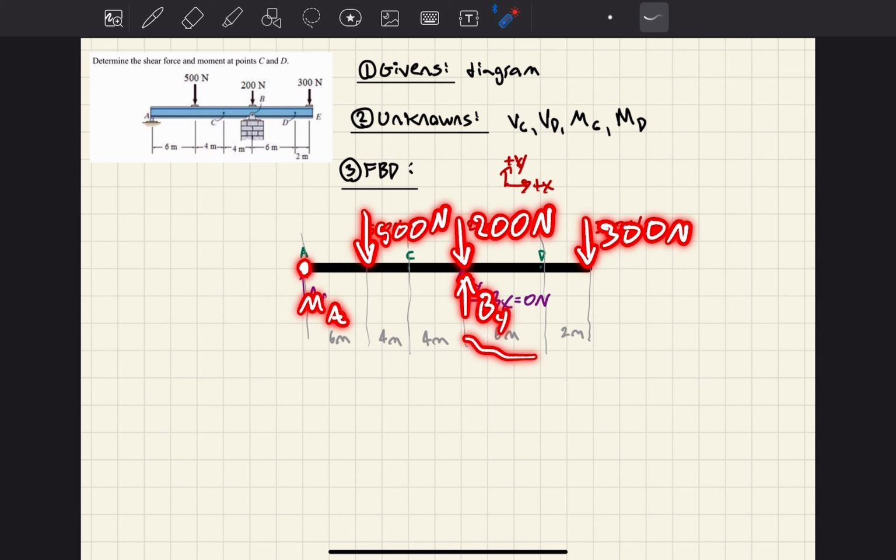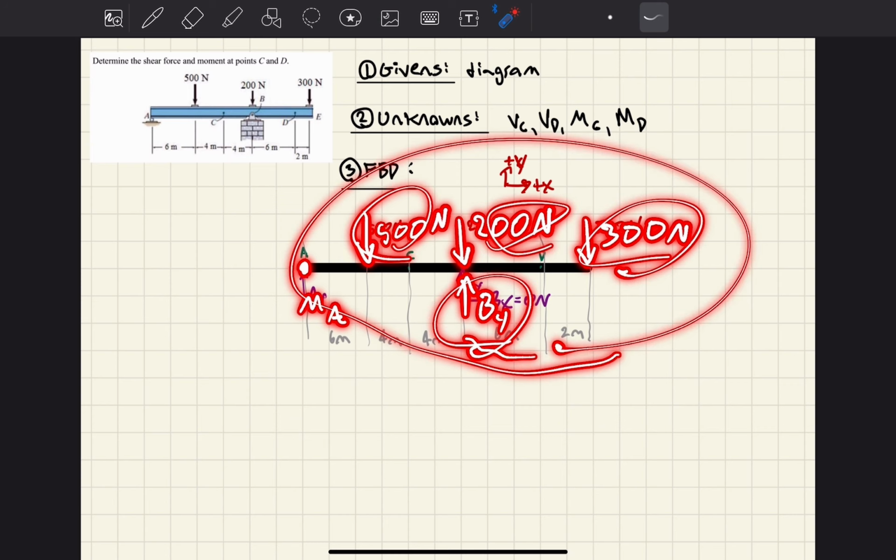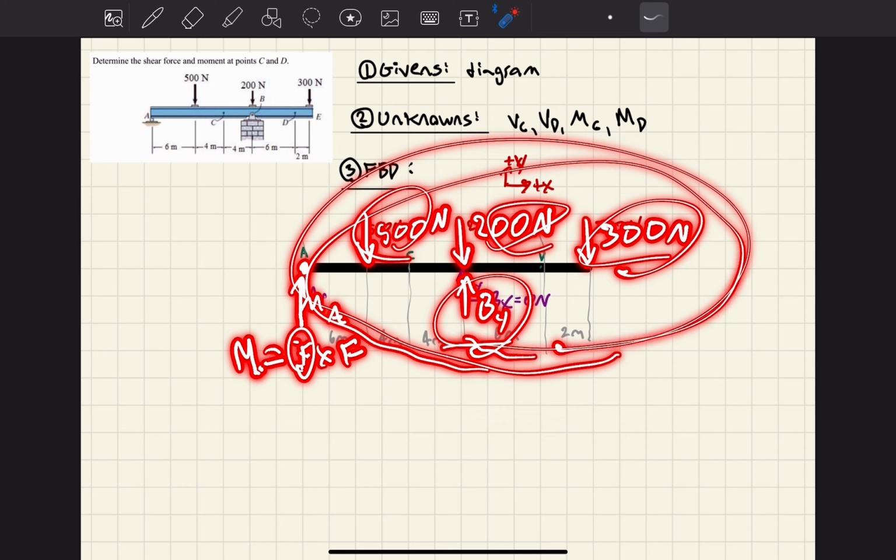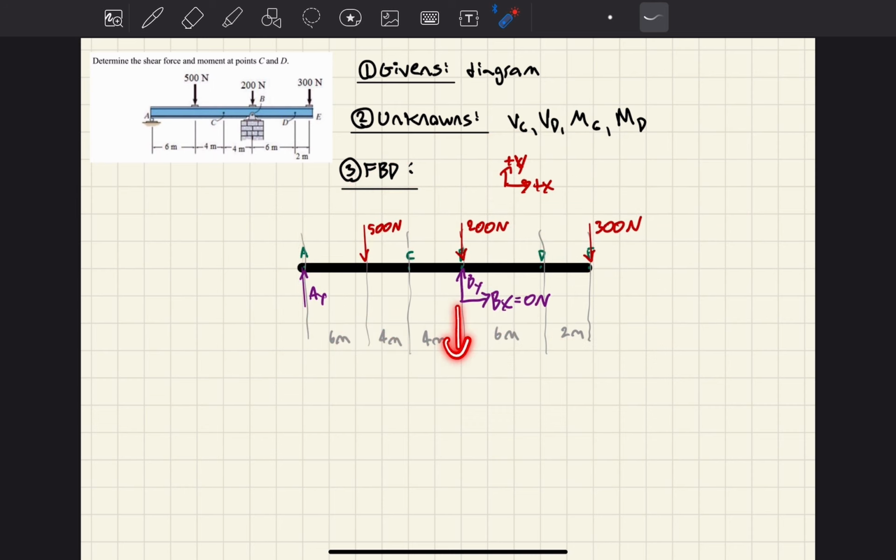You have 1, 2, 3 knowns. You have one unknown in one equation. And AY, again, R cross F is equal to the moment. Therefore, the force at A will not cause a moment because R is 0. So basically, you have one unknown in this equation. And by doing that, you can find BY, right? So if you take a moment about A, long story short, you're going to find BY.